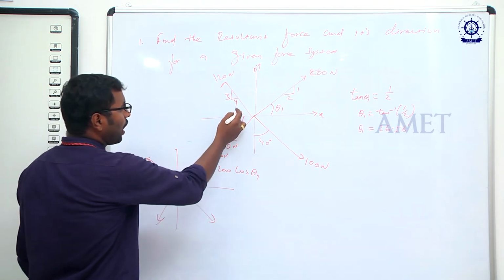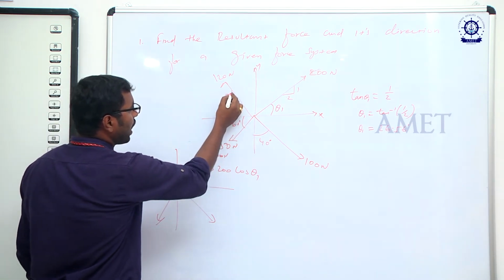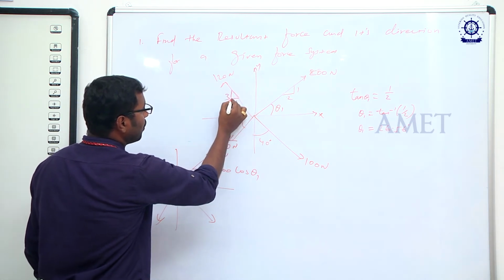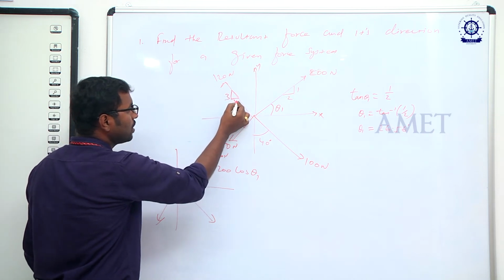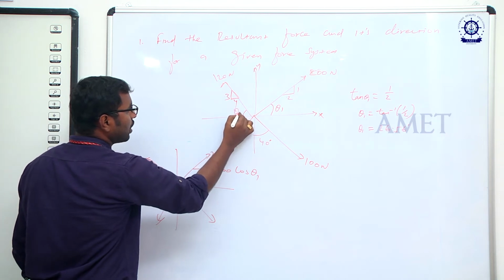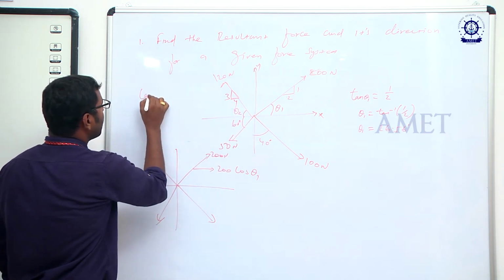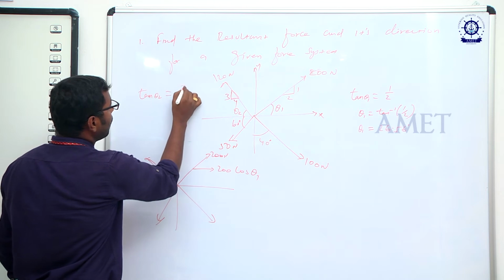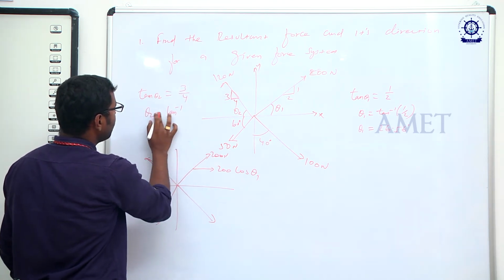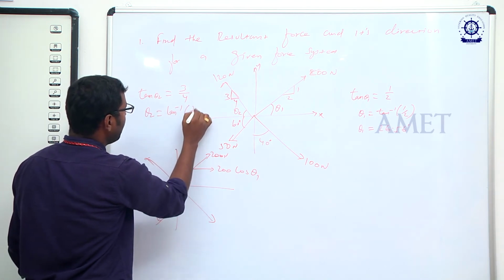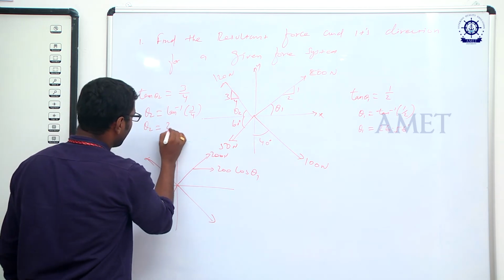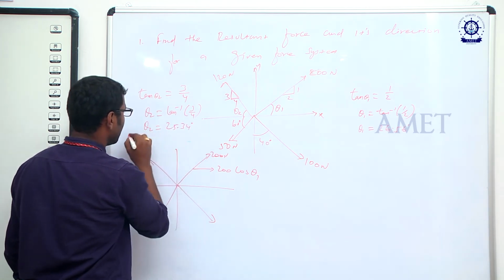Similarly, we need to find the angle here. The triangle is this one, opposite side is 3, adjacent side is 4. Let me consider this as theta 2. So, tan theta 2 equals 3 by 4, theta 2 equals tan inverse of 3 by 4. So, theta 2 equals 25.34 degree.